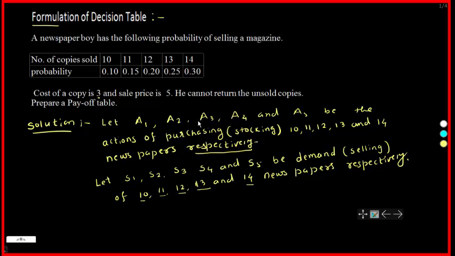So A1, A2, A3, A4 and A5 are the courses of action and S1, S2, S3, S4 and S5 are the states of nature as defined earlier.